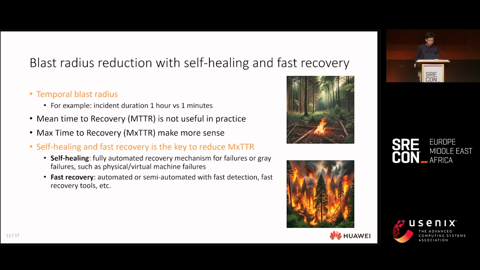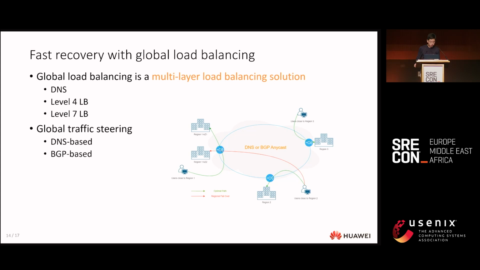This is automated self-healing. But fast recovery may be automated or semi-automated with some high-level solutions. Once something happens, you could switch to another region. This is what we do, especially for global services.